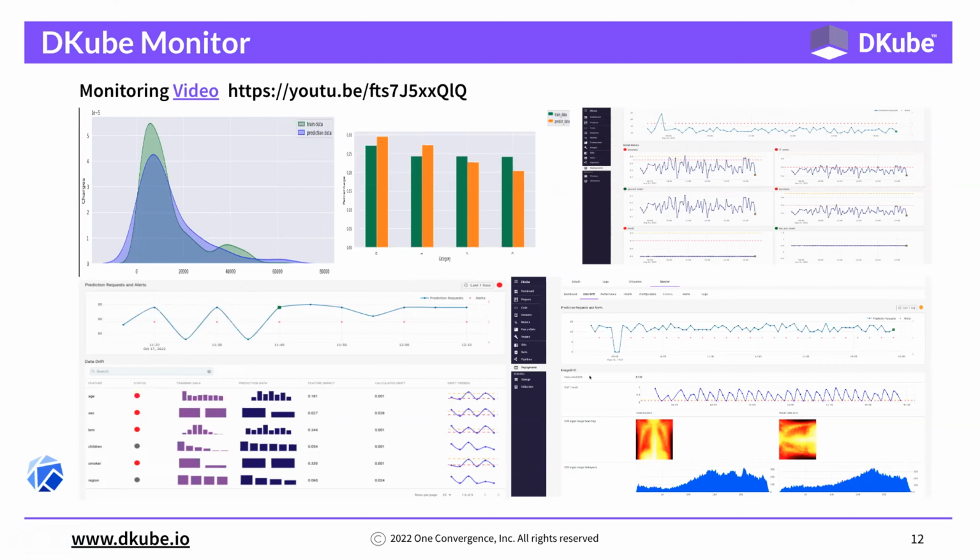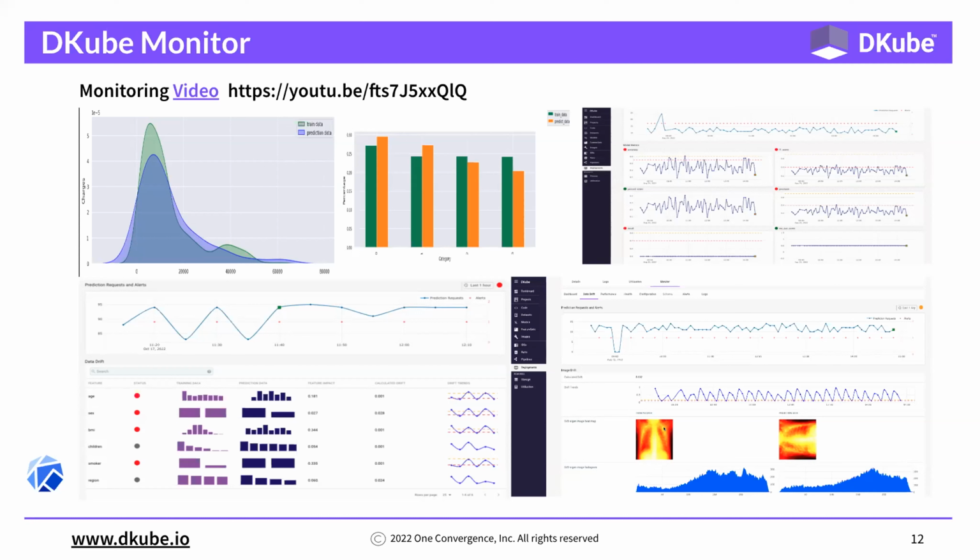And then on the right bottom, what you see is the images. So it's an X-ray example. In the case of image, there is no real feature as such that a user can understand. When we say there is a drift on this particular pixel, it doesn't make any sense.